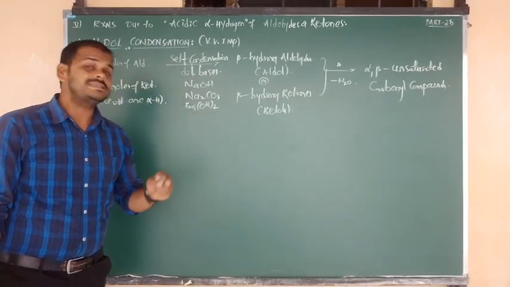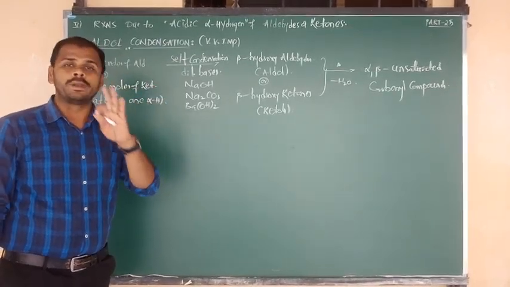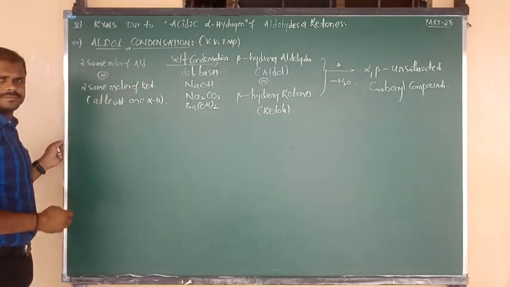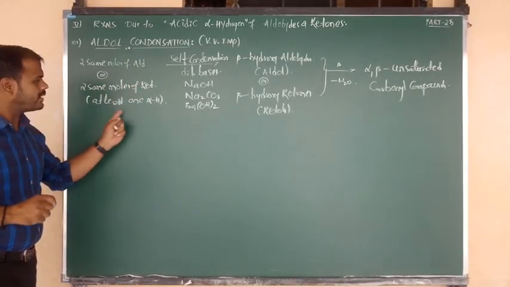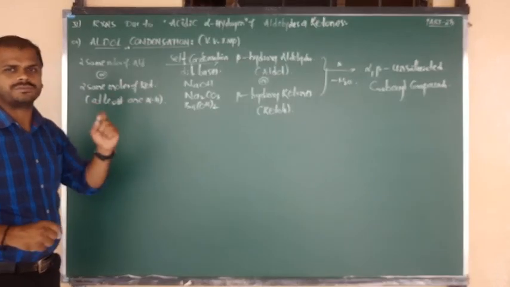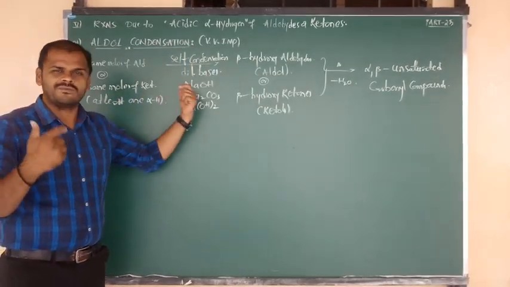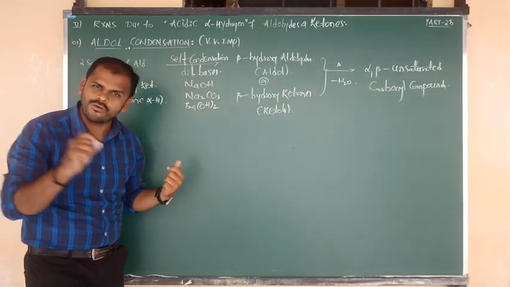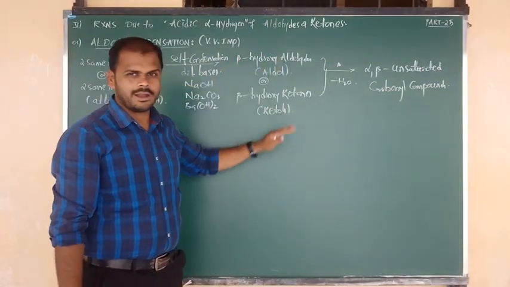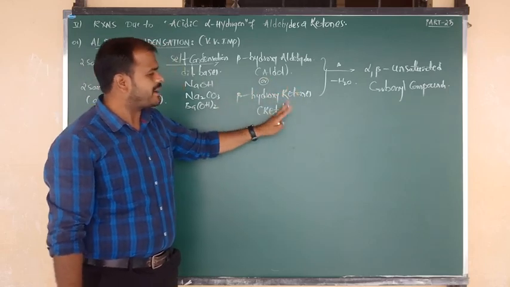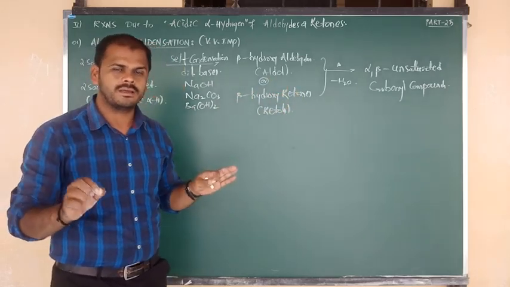Once again, finally I am going to repeat the statement. Aldehydes and ketones which have at least one alpha hydrogen atom undergo self-condensation in the presence of dilute bases to form beta hydroxy aldehydes, aldol, and beta hydroxy ketones, ketols.